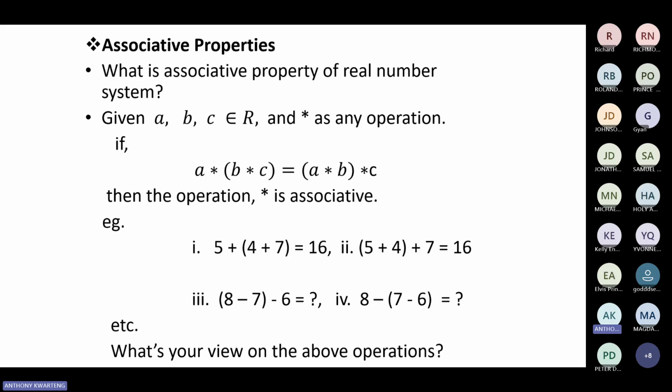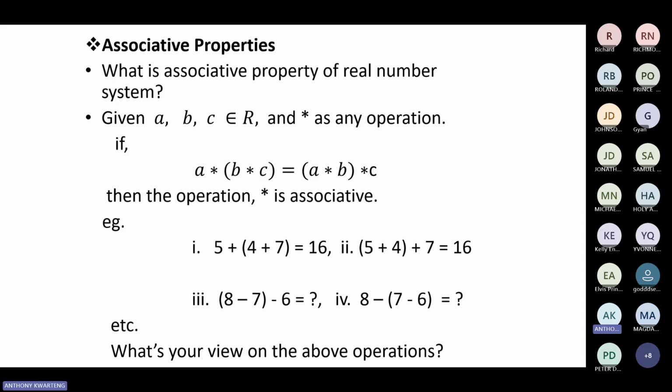Example: 5 plus (4 plus 7), which is 16. Now (5 plus 4), which is 9, plus this 7, which is 16.